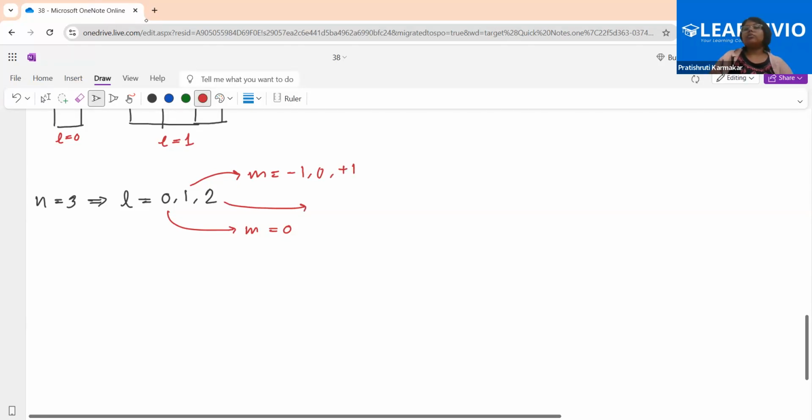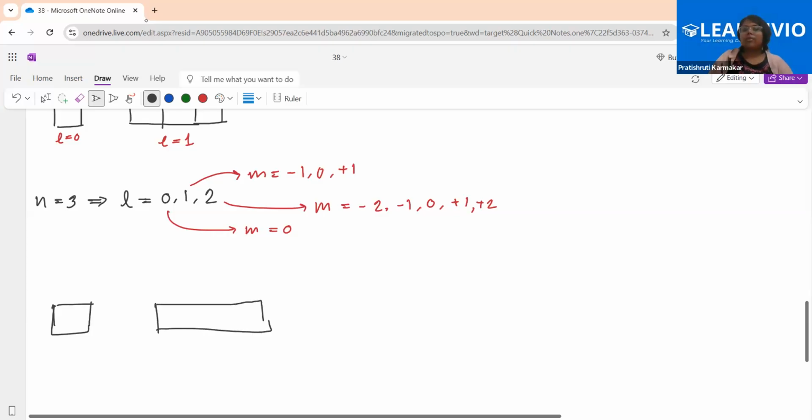For L equal to 2, the values of m are -2, -1, 0, +1 and +2. So L equal to 0 means one box, L equal to 1 means 3 boxes, and L equal to 2 means 5 boxes.